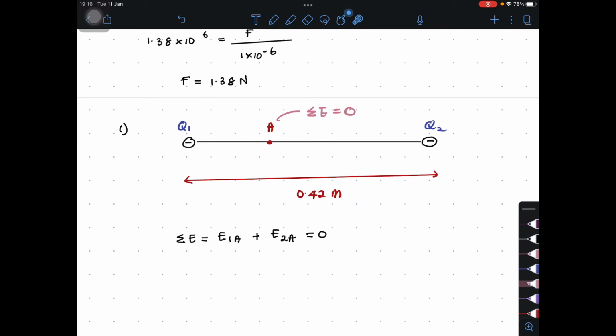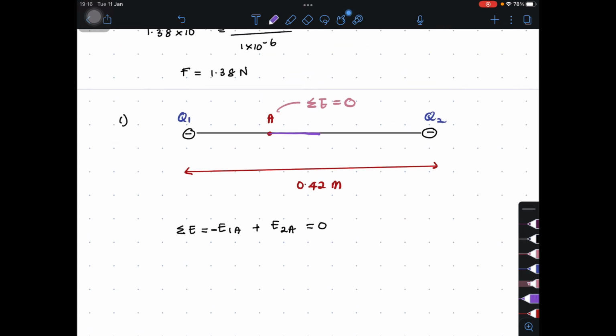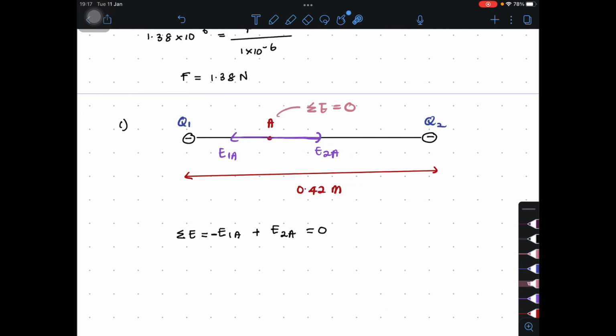Since the direction is towards the negative, one is positive and one is negative. What will be negative here? E1A. The direction is the same as question A just now, towards the negative charge. So this will be to the left, this will be to the right. That's why Miss put it negative here.